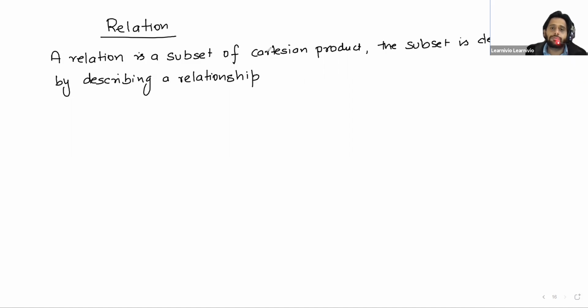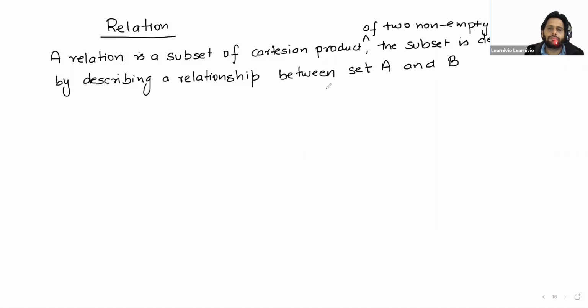Okay, a relation is a subset of a Cartesian product of two non-empty sets. Okay, we will define that sets are non-empty, two non-empty sets A and B. The subset is derived by describing a relationship between set A and B. So what is a relation? A relation is a subset of Cartesian product of two non-empty sets A and B.